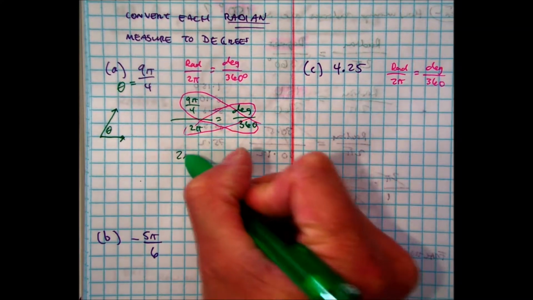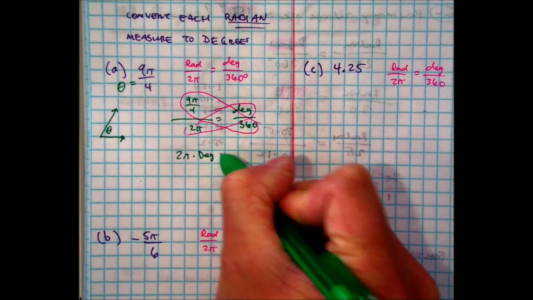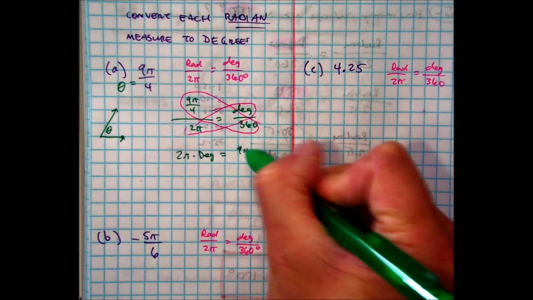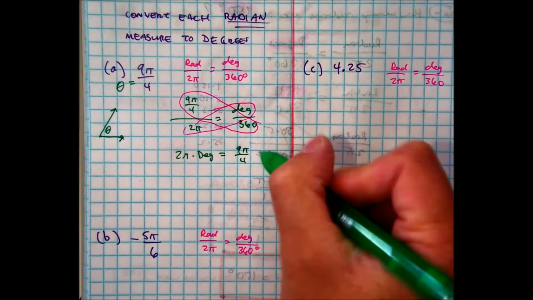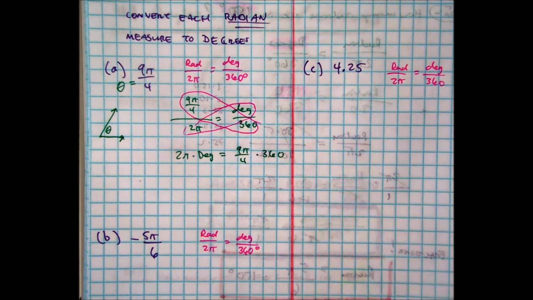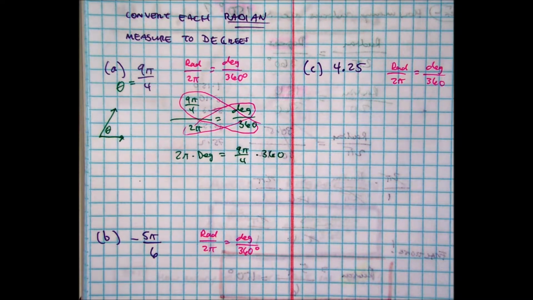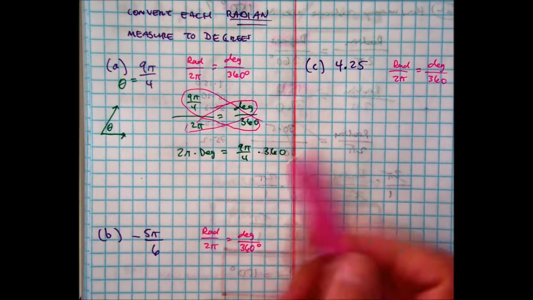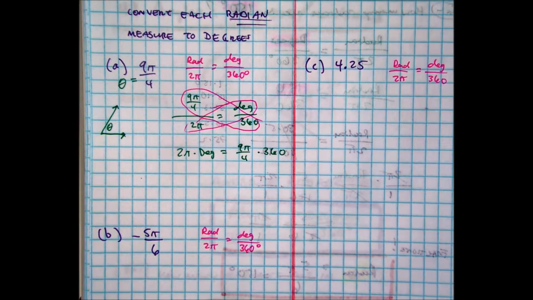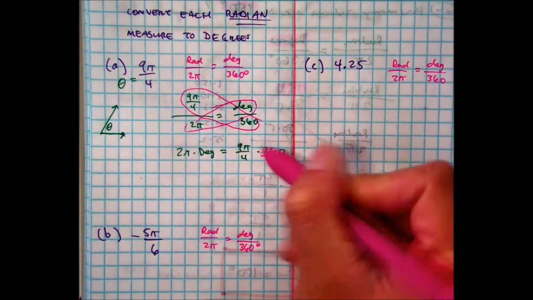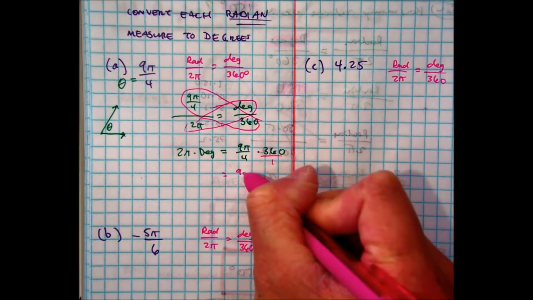So I have 2 pi times the degrees equals 9 pi over 4 times 360. Now let's just deal with this fraction over here, 9 pi over 4. Class, how do you make 360 degrees a fraction? We're going to put over 1. Yesterday we talked about writing factors for 360.